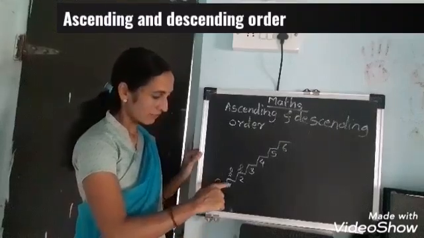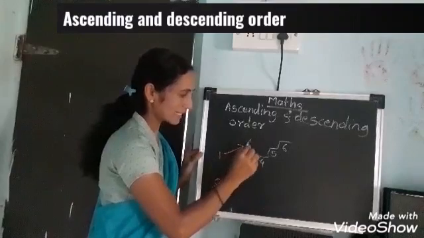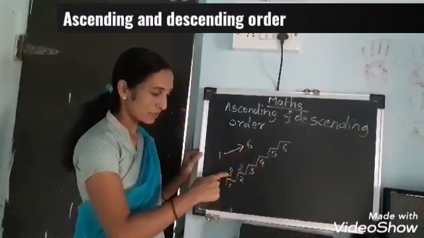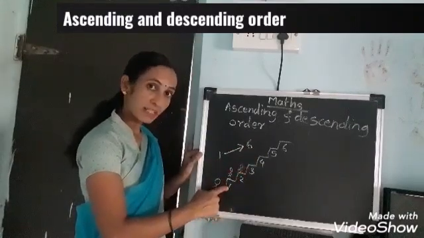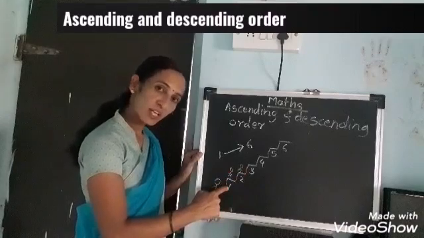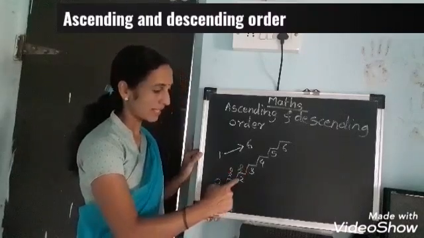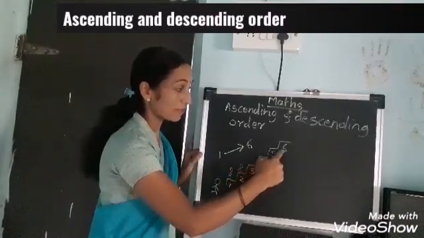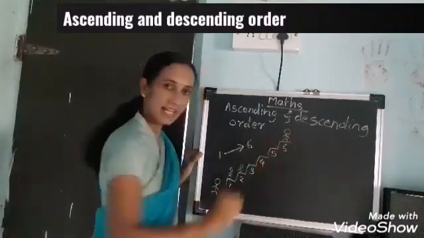When he climbs up the stairs from 1 to 6, he first climbs up the first, then second, then third. That means he is climbing up from the smallest number stair, then 3, 4, 5, and then he reaches the biggest number, right?